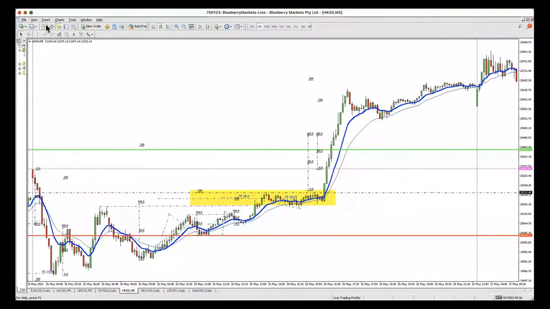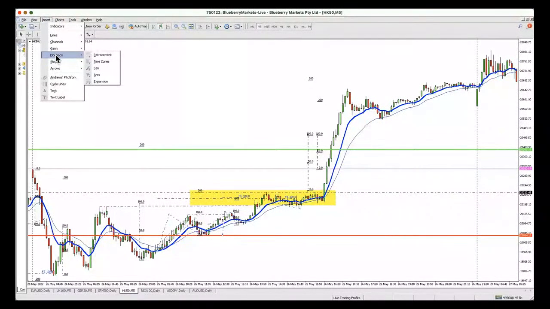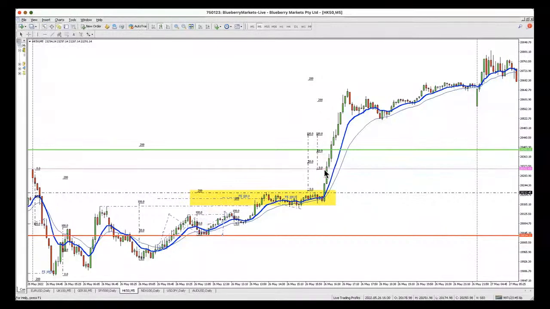Okay. We can also put our expansion tool. We're saying the first leg of all of this after the breakout, there is the first leg up to the breakout point. Let's move this a bit. There is the first leg from the breakout point.